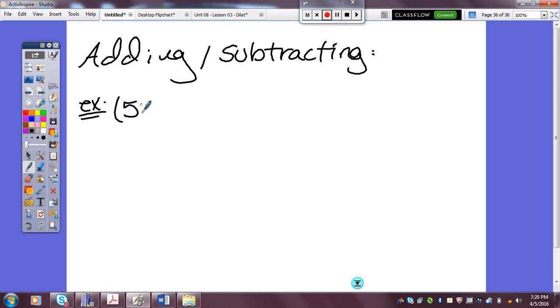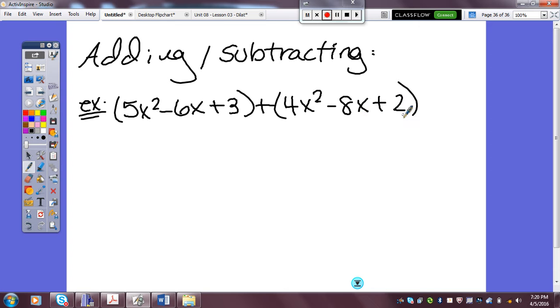5x squared minus 6x plus 3 plus 4x squared minus 8x plus 2. Okay, I know I am adding these two polynomials together because there's a plus sign in the middle. Because there's a plus sign, that makes both of these trinomials positive.